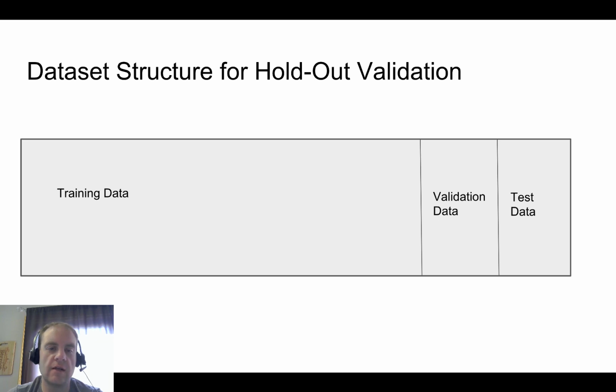So maybe we only had 10,000 observations in a traditional machine learning data set, but now we're probably talking more like 10 million observations. In that kind of situation, it doesn't make sense to reserve 10% or 20% for a validation and test set. You might be able to get away with 1% instead of 10%. So that's a rule that we can break in this deep learning world.